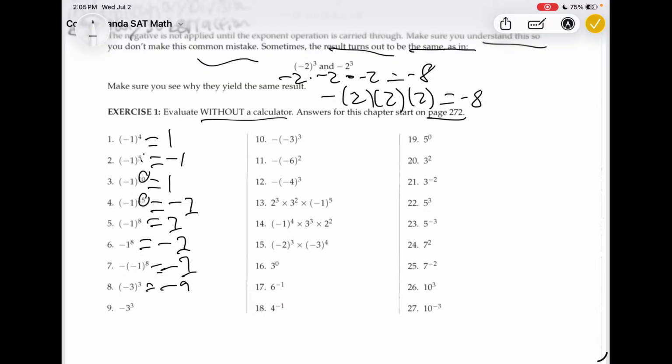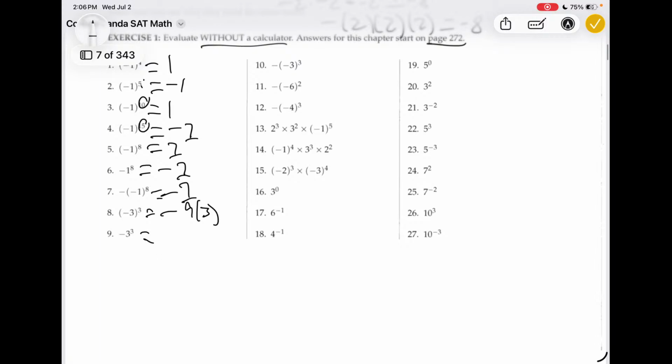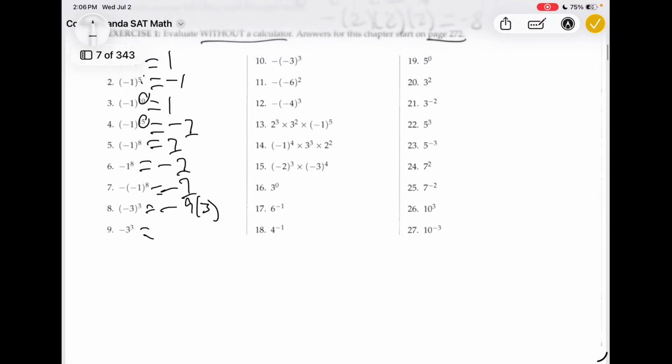This is negative 9, not 9. Negative 9 times 3, whatever that is. Negative 3 to the third. That's going to be negative, like, 3 times 3 is 9 times 3 is what? Hey Siri, what's 9 times 3? 27. 9 times 3 is 27.